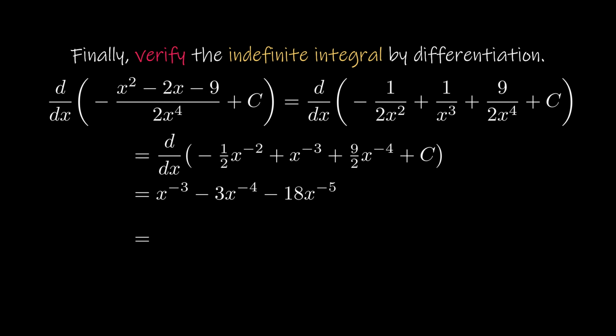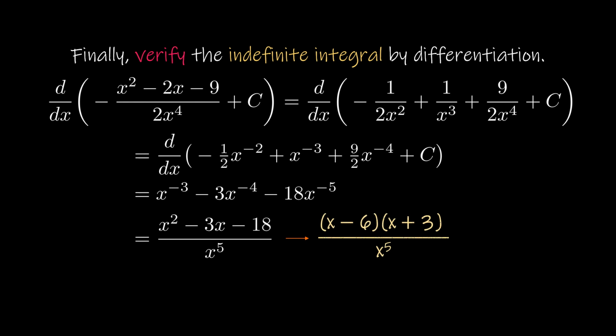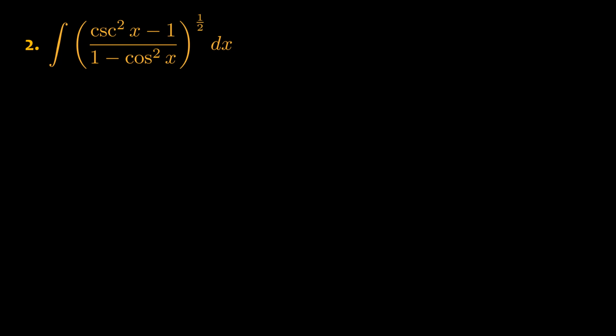The derivative must be the same as the given integrand or its equivalent form. Number 2. The integral of the quotient of quantity cosecant squared of x minus 1 and quantity 1 minus the cosine squared of x all raised to 1/2 dx.